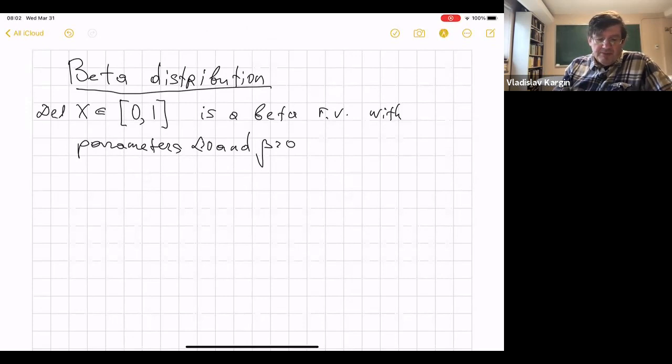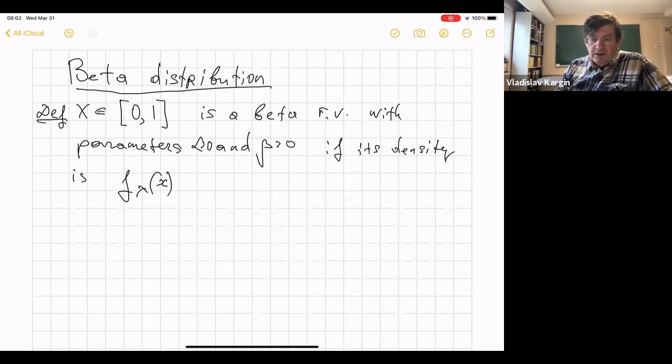So it's a beta distributed random variable, a beta random variable, if its density is f of x, and it's equal to x to the power alpha minus 1 multiplied by 1 minus x to the power beta minus 1.